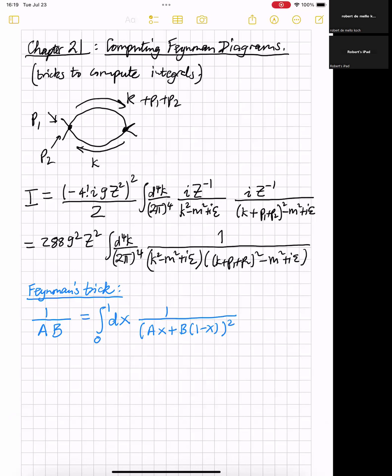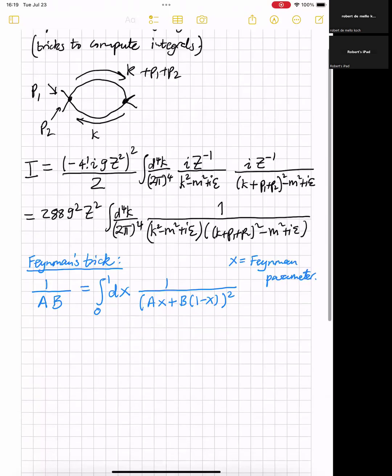This parameter x is called a Feynman parameter. You can see that the range of the Feynman parameter is only from 0 to 1, and very often you'll be able to do all of the integrations except for the integral of the Feynman parameter, and this is what you'd actually do numerically. Okay, so let's check this.